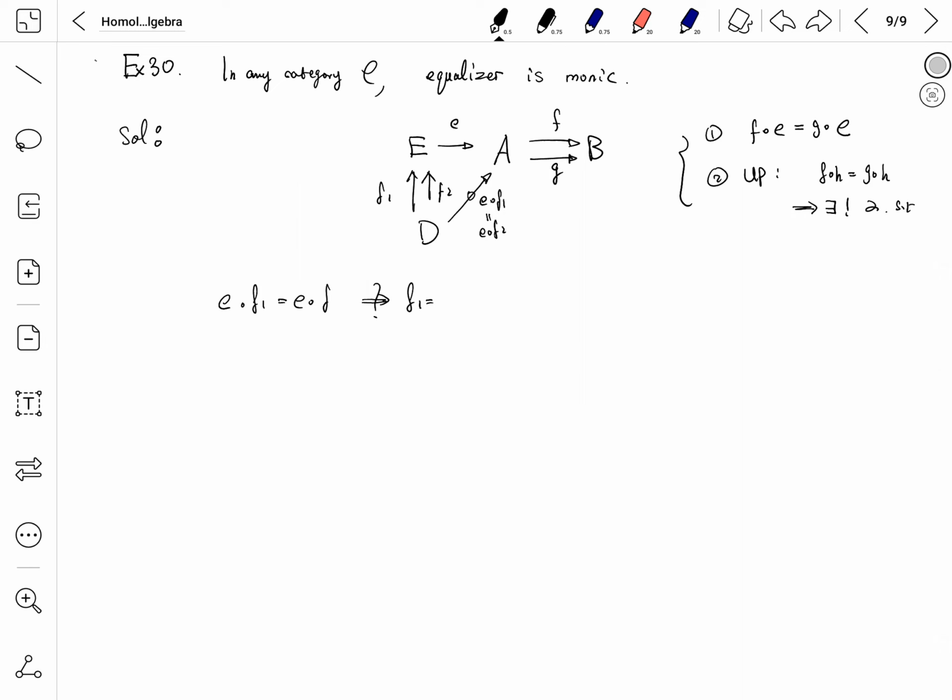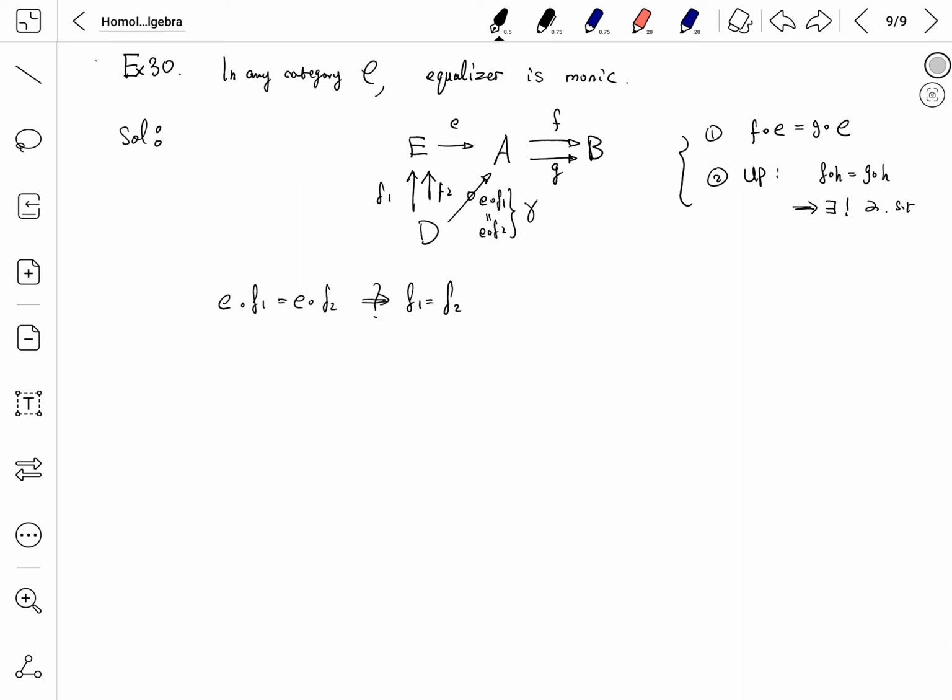If this holds, then this is the definition of E being a monomorphism. But this is true because by the universal property of the equalizer, you get your map, let's call this gamma. Your gamma is basically just E compose F1 or E compose F2.